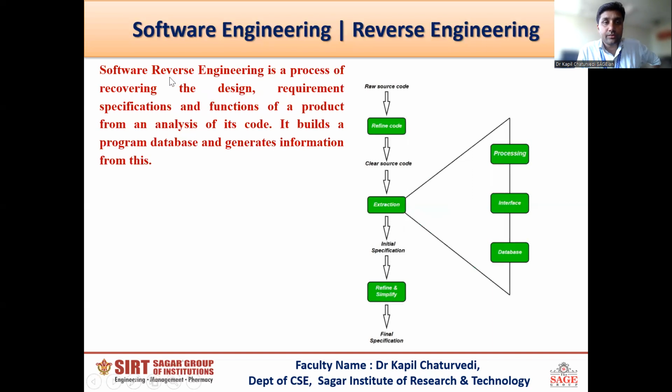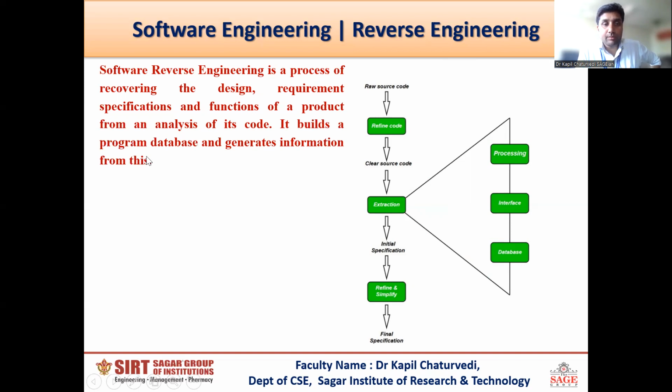And software reverse engineering, what is reverse engineering? Here we have our definition. Software reverse engineering is a process of recovering the design requirements, specifications, and functions of a product from an analysis of its code.